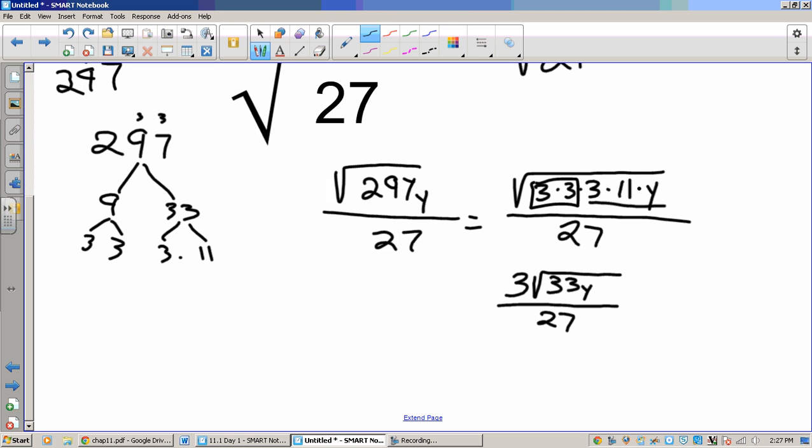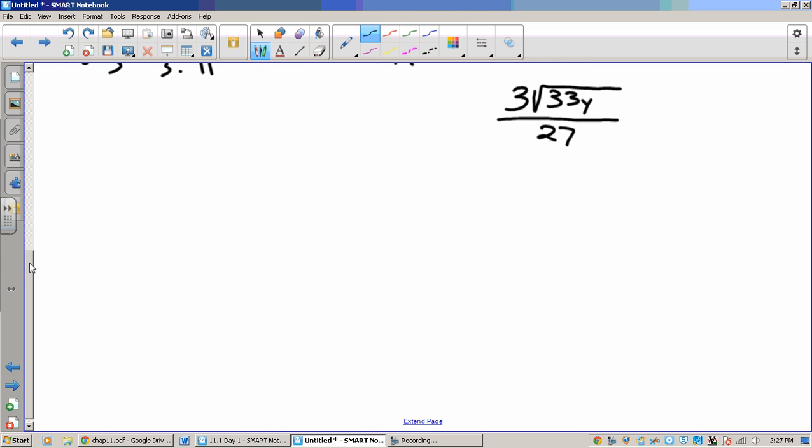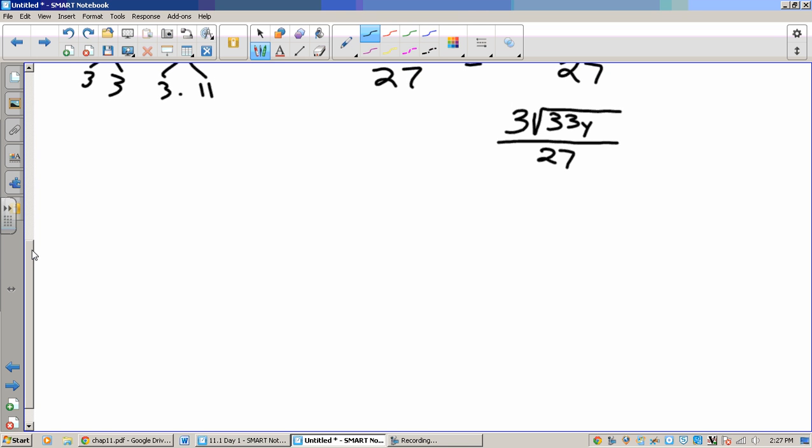You may have gotten that as your answer. That's great. But remember, think about what you already know about fractions. In this case, we've got a 3 over 27. That can reduce. You can reduce that by dividing both the 3 and the 27 by 3, and that leaves you with 1 there and 9 here.